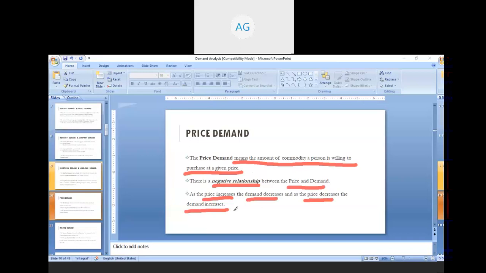This is the universal sentence: as the price of an item increases, its demand decreases, and as the price decreases, the demand of that item increases. So the price demand deals with the amount of money the consumer wants to pay for that particular product.